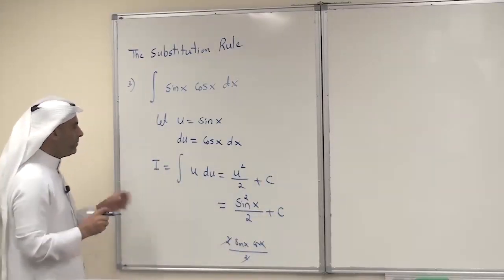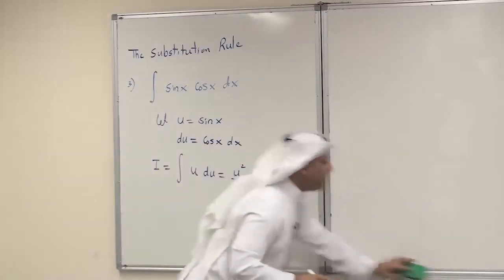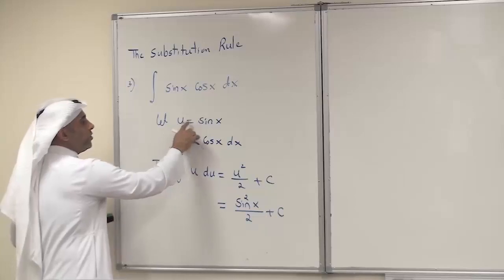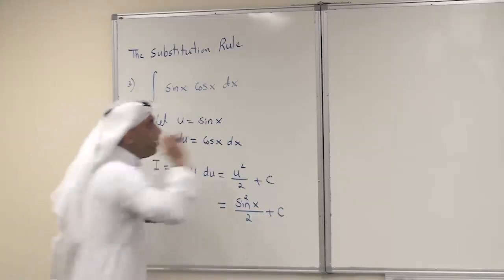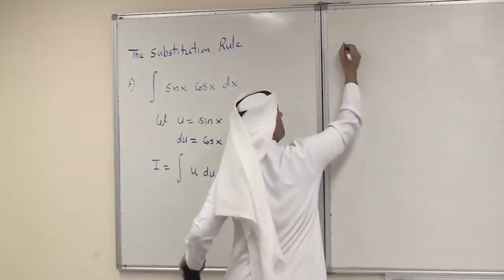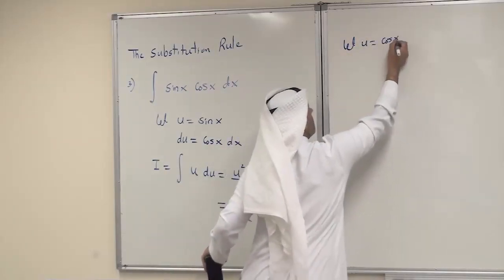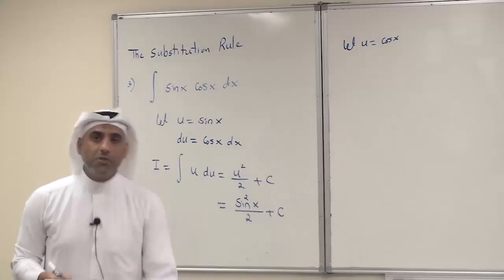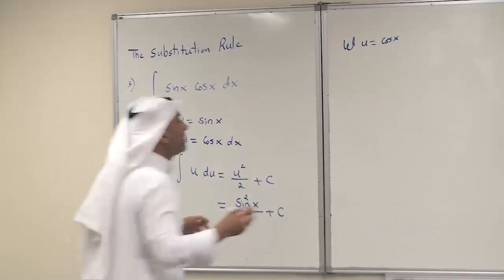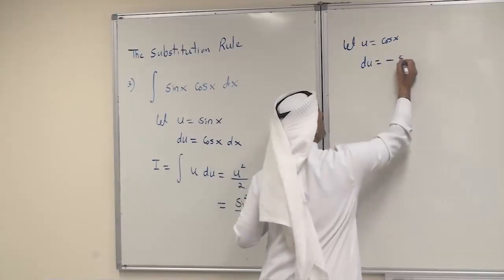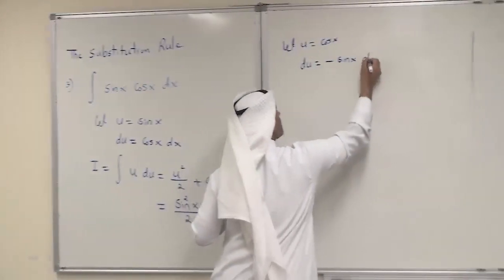Now, what will happen if we choose another choice for u of x? Someone will say, instead of choosing u equal to sine of x, this is another way to do it, I will let u equal to cosine of x instead of sine. If you choose u to be cosine of x, you have du equal to minus sine of x dx.